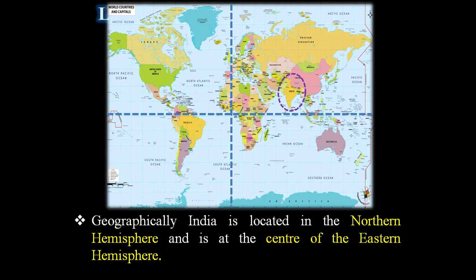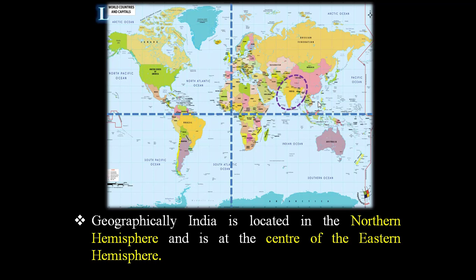Let's move on to the location of India, where exactly India is located. Geographically, India is located in the hemisphere. So, you know about that. The globe is divided into this part of area as northern hemisphere and this part of area is called southern hemisphere. This is called western hemisphere and this is called eastern hemisphere. India is geographically located in the northern hemisphere and in the center of the eastern hemisphere.